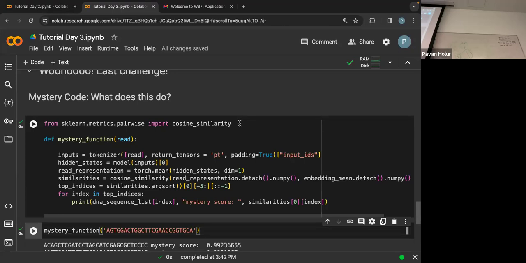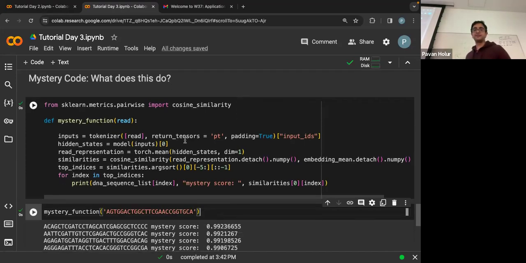There's of course some code here that I haven't shown you before. So try to figure out what it does. Take your best guess. You can even change this value here to verify if you're right.